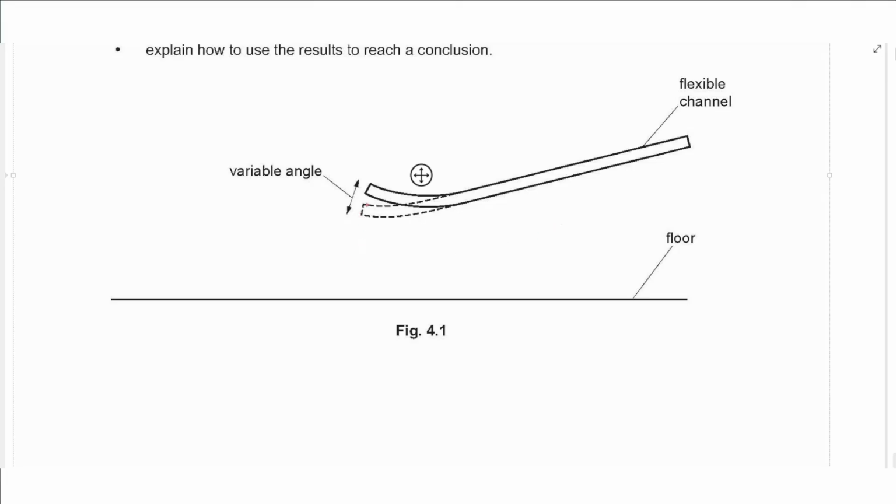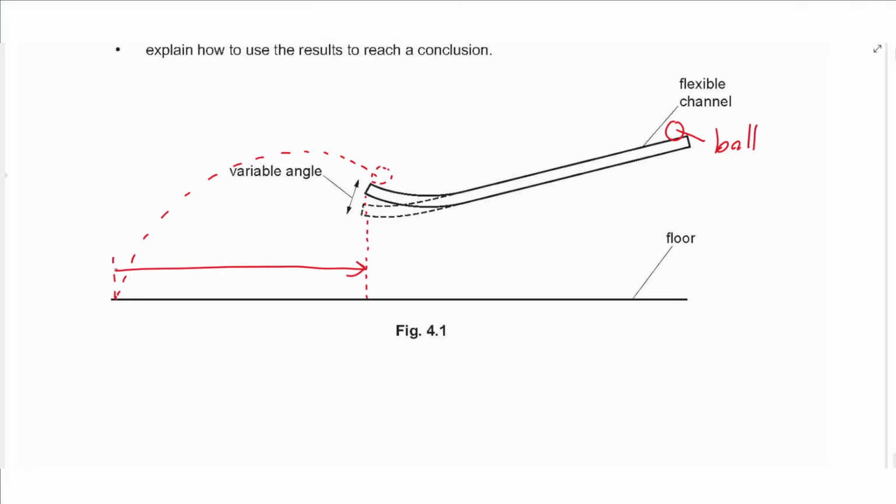So for example, we can draw a dashed line here, and we mentioned that the ball will be rolling. So this is the ball, and you can draw it leaving the surface and falling here. And we say that this distance with the double-headed arrow is the range.